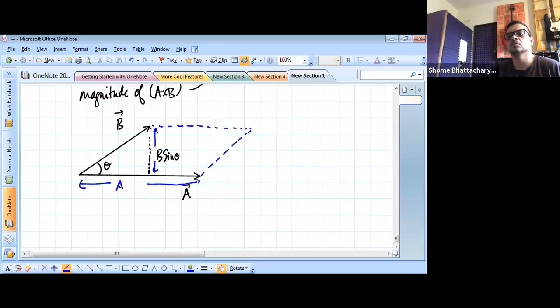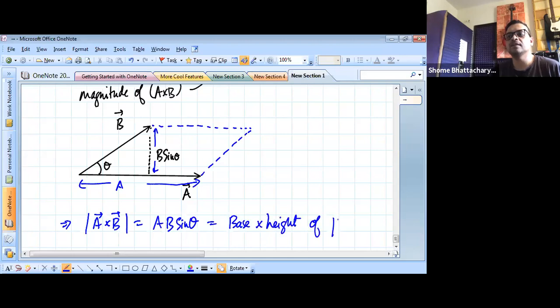So the magnitude of A cross B, which is AB sine theta, is nothing but base into height of the parallelogram formed by A and B. That is nothing but this area.